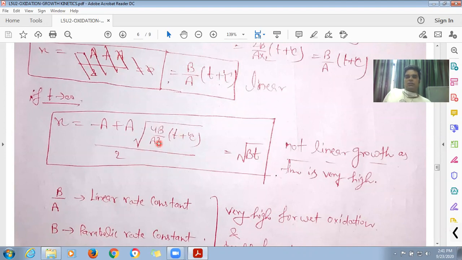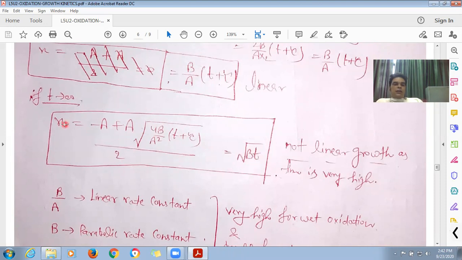When this a square goes out from the square root, it will be cancelled out by this a, and what I will get under the root is 4bt. Now this 4, if it goes outside of the square root, becomes 2, and the 2s will cancel out, and you will get under root of bt.